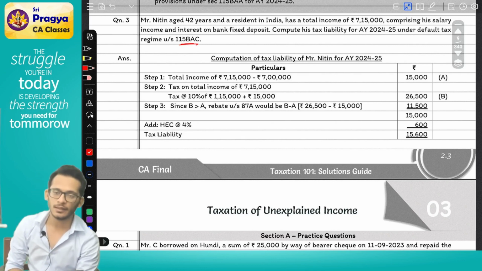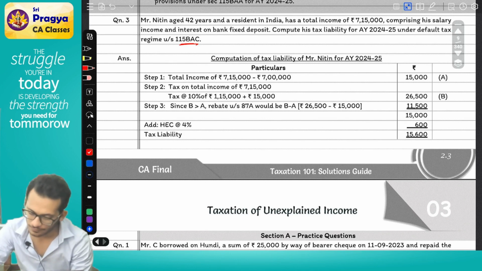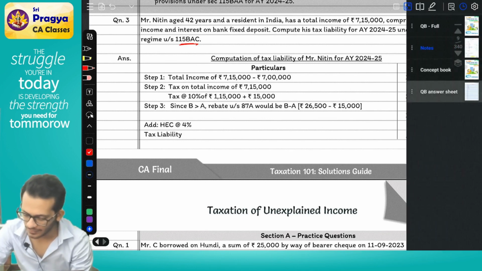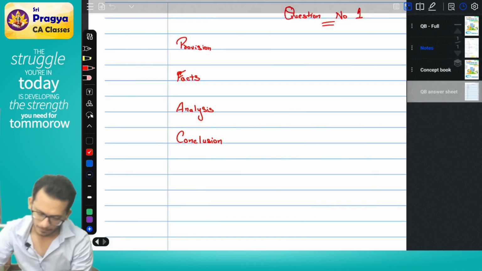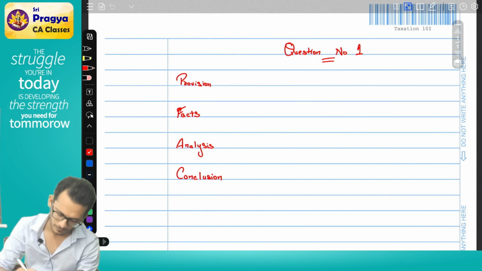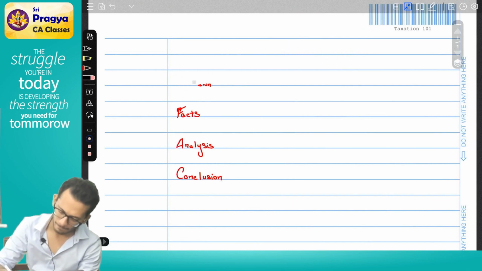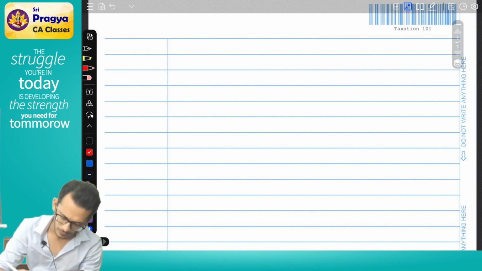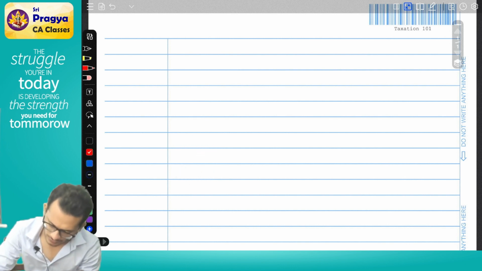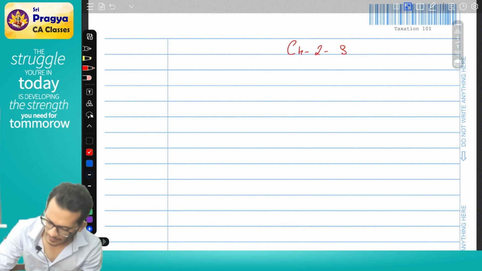Can we do it together? Yes, on your books. We are doing question number 3, page number 2.3. We are in chapter number 2, special tax regime.